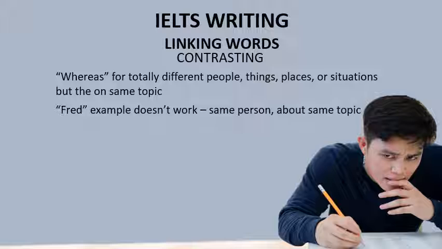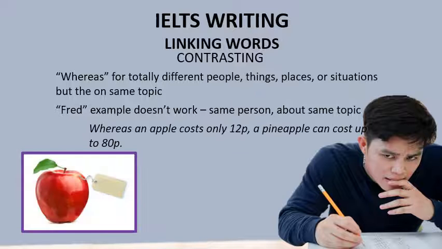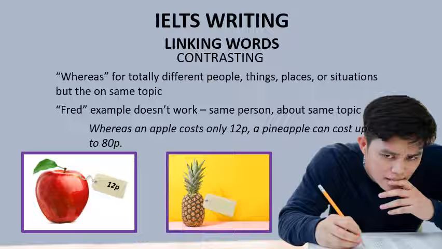You can't say "Fred is friendly whereas he is stingy", because it's the same person, Fred, in both parts of the sentence, and it's about the same topic, his character. Here's an example with "whereas". "Whereas an apple costs only 12p, a pineapple can cost up to 80p." You're comparing two different things, an apple and a pineapple, on the same topic, their price.